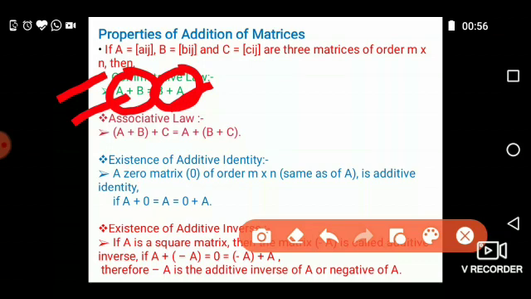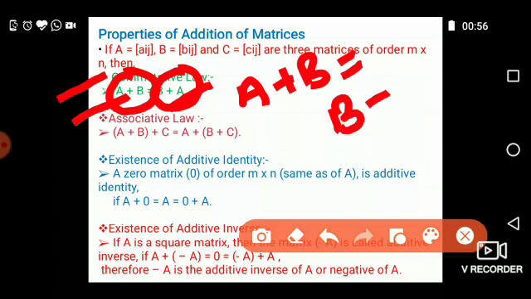For example, if matrix A is added with another matrix B, if we move the matrices A and B and then we get B plus A, then A plus B is equal to B plus A. Such a law is called a commutative law.